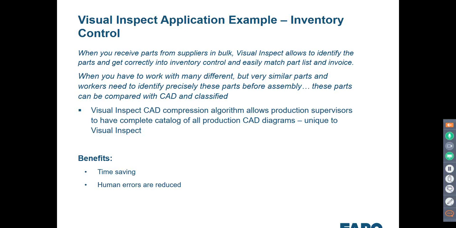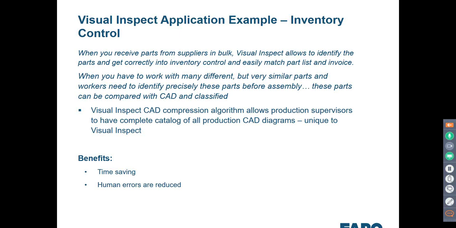And the documentation can't go away because of ISO and other types of processes that we want to adhere to. But we want to ensure that we can minimize all of these different documents and where we store them and how we store them, how we communicate them, and again, streamline the ability of operators to do their job. So that's another thing that Visual Inspect really lets you do.